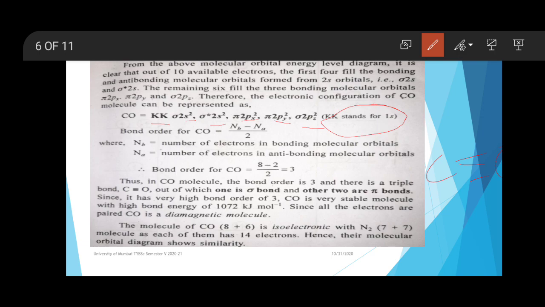So the CO molecule, which contains 8 plus 6 electrons, that means a total of 14 electrons, is isoelectronic with the N2 molecule, because the N2 molecule also has 14 electrons. So for CO and N2 the MO diagram must be the same, right? Up to this point we can say that if the same number of electrons is contributed in molecular orbitals, then the diagram must be the same.